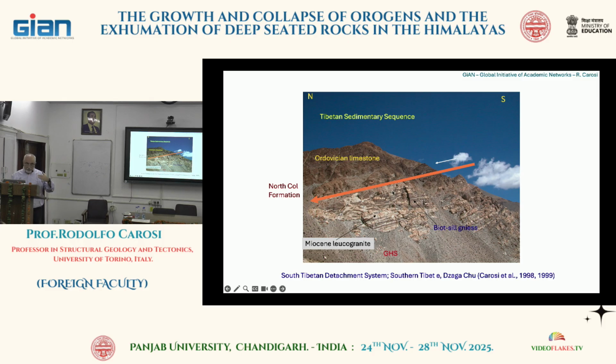So here you have not two faults, the ductile and the brittle fault, but just one single contact of non-metamorphosed rocks above high-grade metamorphic rock. Of course, these Ordovician limestones are a little bit heated by the lower Everest sequence and show deformation at the base.